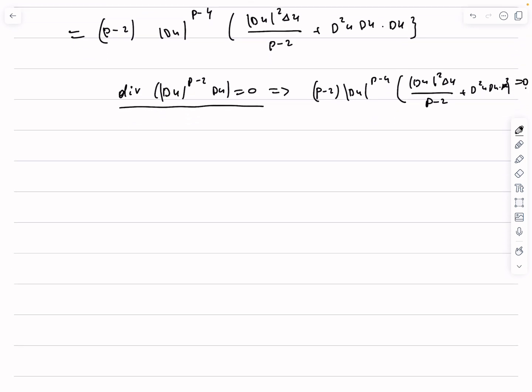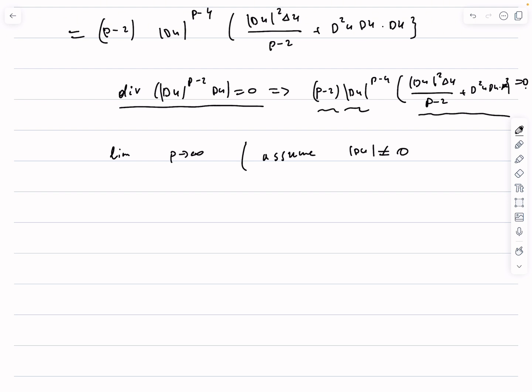So now we have to take the limit when p goes to infinity, because we want to study when p is infinity. We also assume that the absolute value of du is not equal to 0. If this one is not 0, this one is infinity, then this one should be equal to 0.